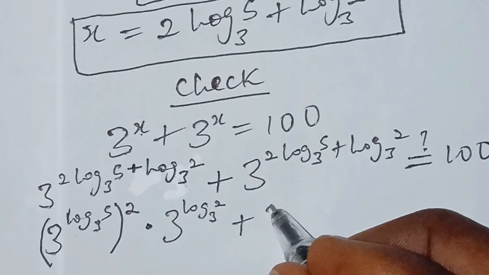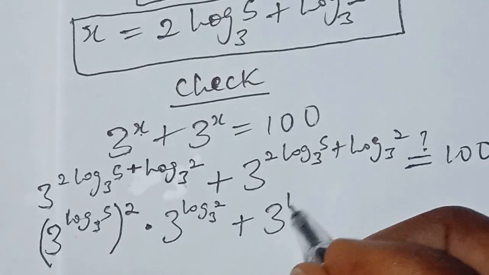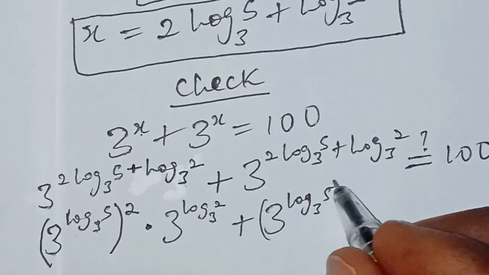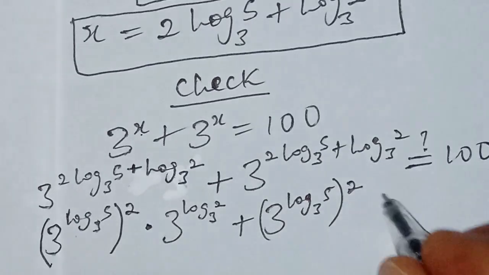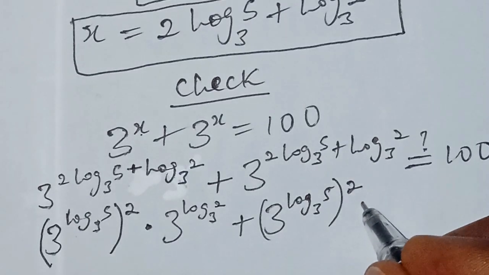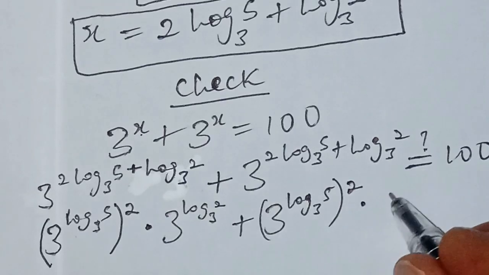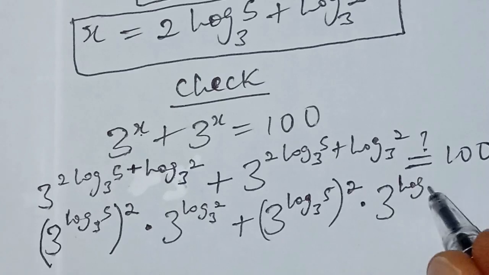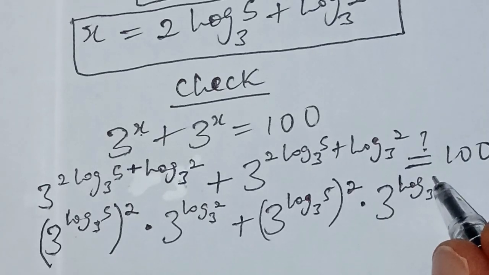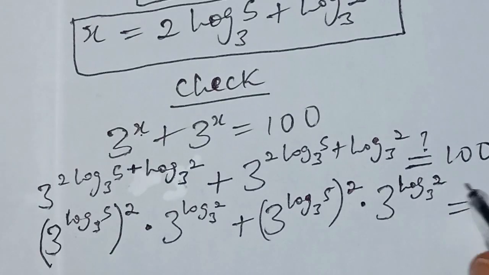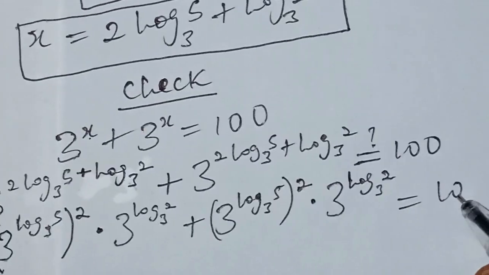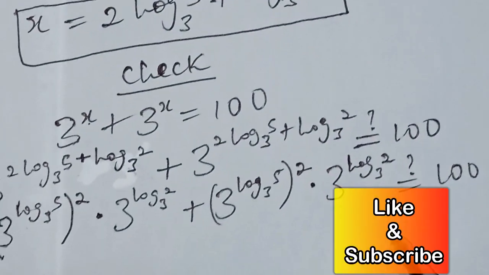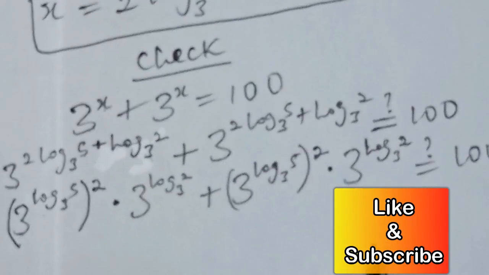So we have 3 raised to log base 3 5 into bracket power 2 multiply by 3 raised to log base 3 2 equal to 100?